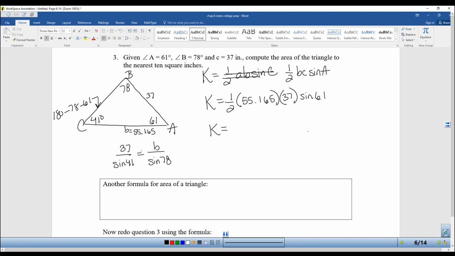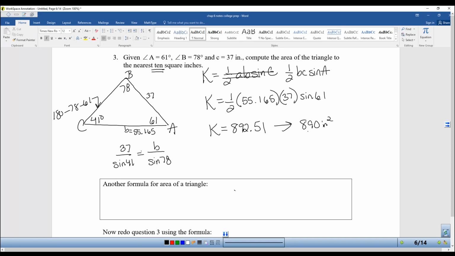And when you do that, you're going to get K is equal to 892.51. Although, again, always read the directions. This one wants it to the nearest 10 again. So that would be 890 square inches.